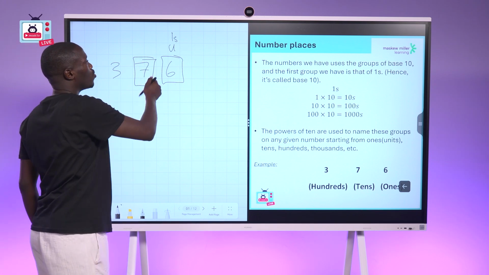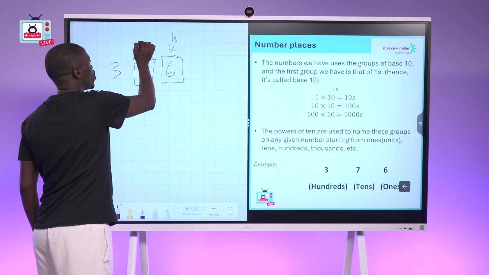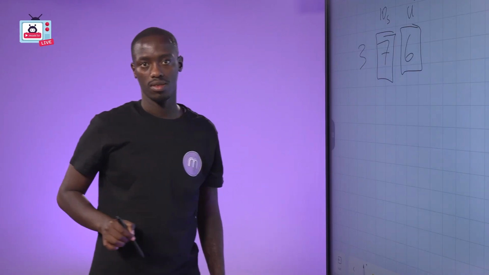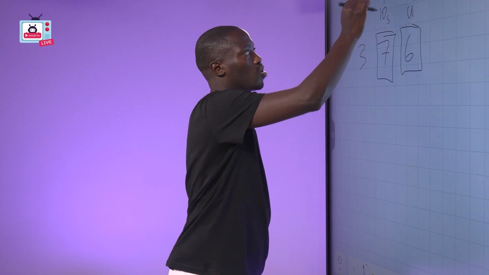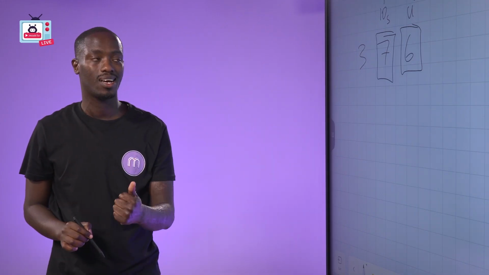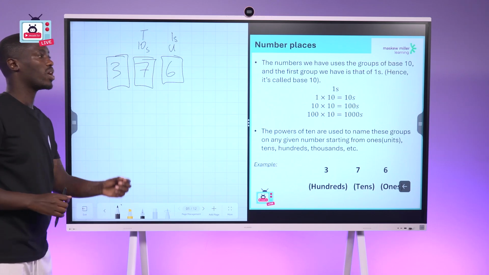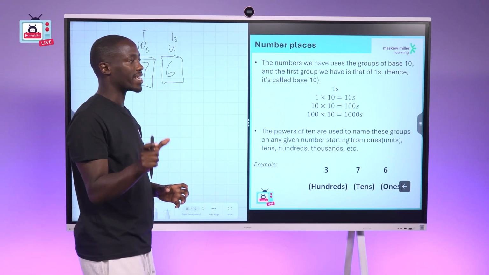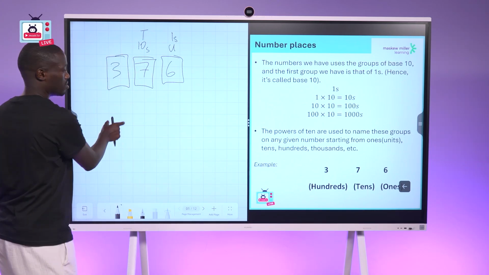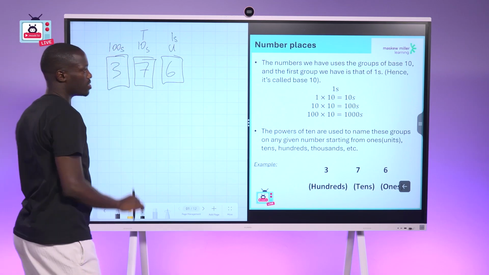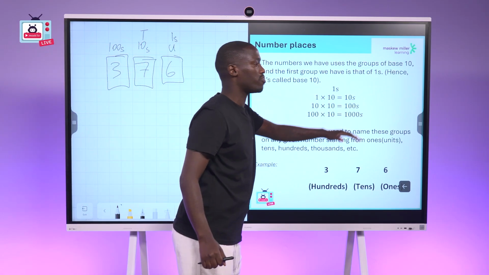This second value, we call it the group or the box of tens. In other textbooks, it's only represented by the capital letter T. Now, this 300 means we have 3 hundreds. So we call that group the place of hundreds.